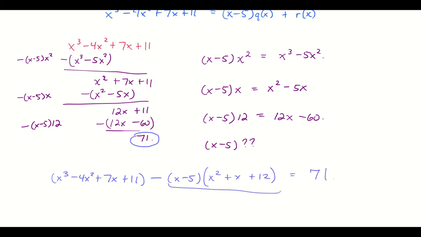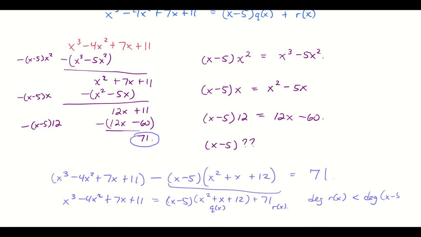So moving all of this to the other side, we can say x cubed minus 4x squared plus 7x plus 11 equals x minus 5, that's my divisor, times x squared plus x plus 12, that's my quotient, q of x, plus 71, that's my remainder, r of x. And you'll notice the degree of r of x ended up being less than the degree of the polynomial I divided by, in this case, x minus 5.